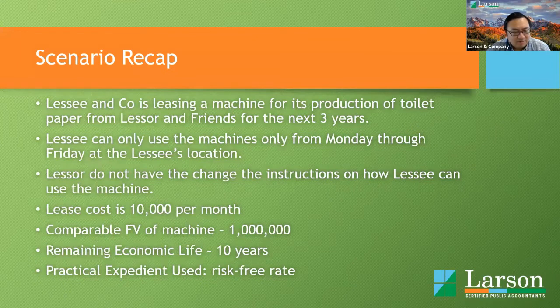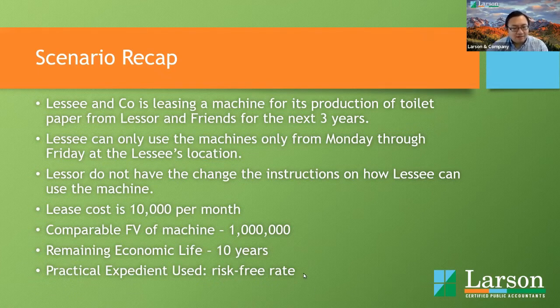And for this scenario, we're going to use a risk-free rate. From what we talked about, we already knew it was a lease, and that it is an operating lease because it didn't meet any of the 5 criteria that we talked about. And it's going to be $10,000 a month over 3 years.